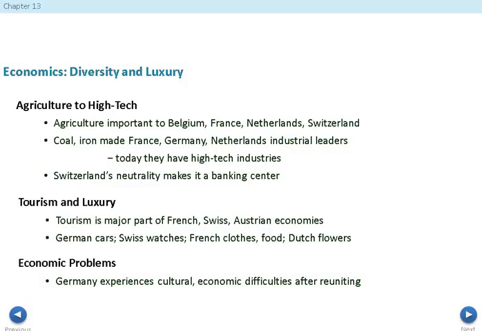These are all considered luxury items, and they all come from this area. You do see economic problems, though. Germany experiences cultural and economic difficulties after reuniting, and they become a country that is kind of in between. They want to make sure that they never do what they did before, but they also want to move on and become as industrialized as they possibly can.